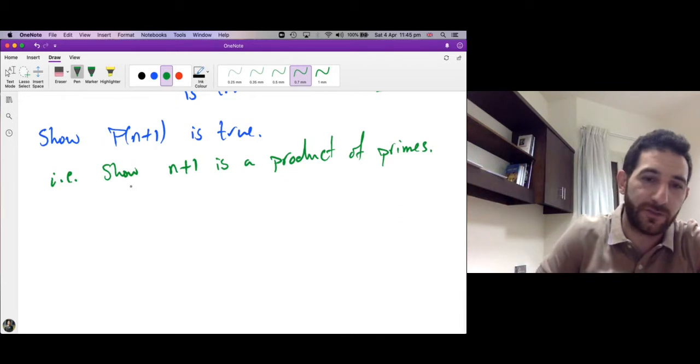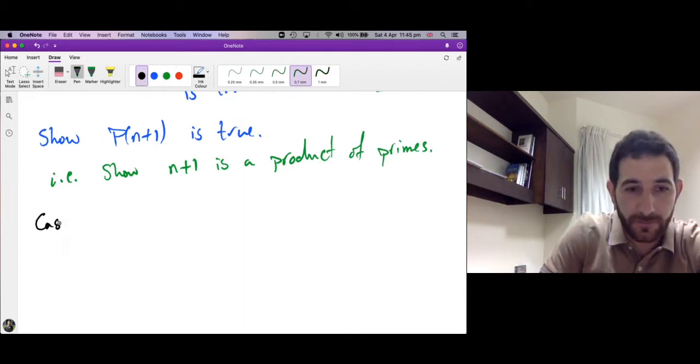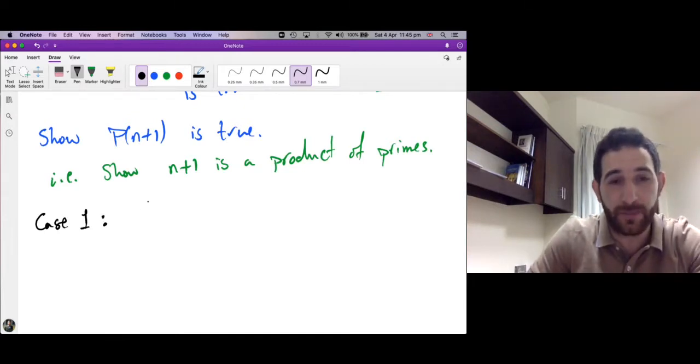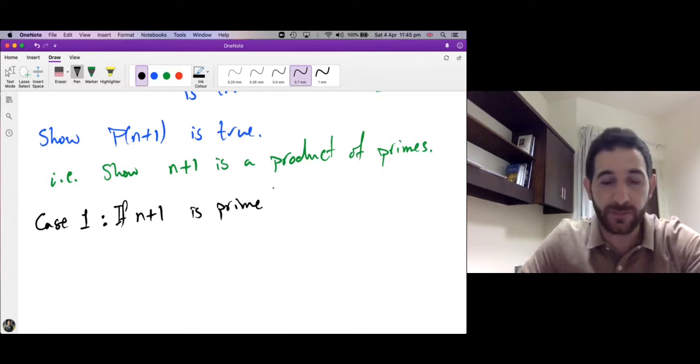Okay, so let's show this. There are two cases. Case 1. Look at n plus 1. If n plus 1 is a prime, we are done. If n plus 1 is a prime number, then n plus 1 is a product of primes, and we are done.